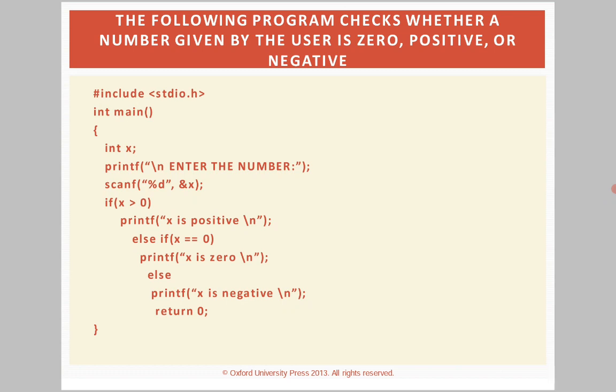If x is greater than 0, it is a positive number, then we simply display a message using printf: x is positive. Else if x is equal to 0, it is 0, so printf x is 0. So this is the sample program.